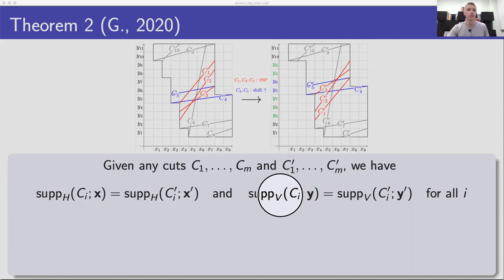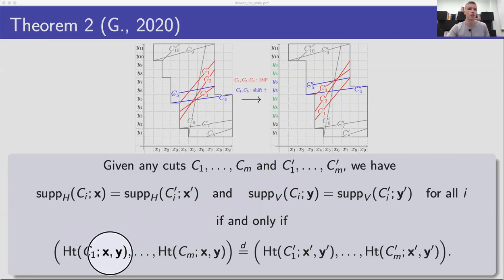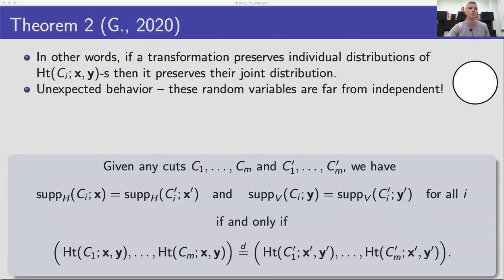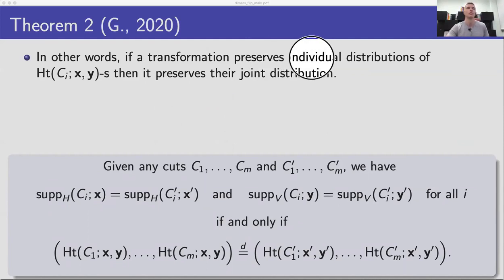And the hard to check condition is that this transformation preserves the joint distribution of the corresponding height functions. So you permute the x's and the y's, and then you change the cuts, but then it turns out that the distribution is preserved. And if you look at the fact from the previous slide, you are going to see that this condition of preserving the horizontal and vertical supports actually corresponds to just preserving the marginal distribution of each individual random variable.